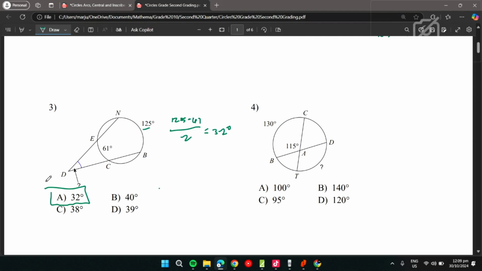This time we have intersecting chords. So how do we find the angle? Can anyone tell me? We are looking for this arc actually, arc DT.